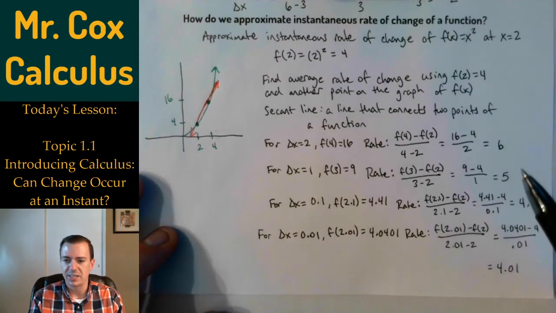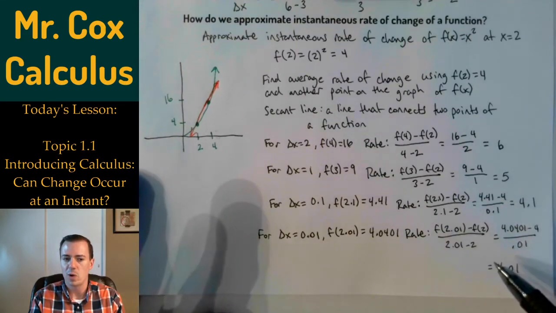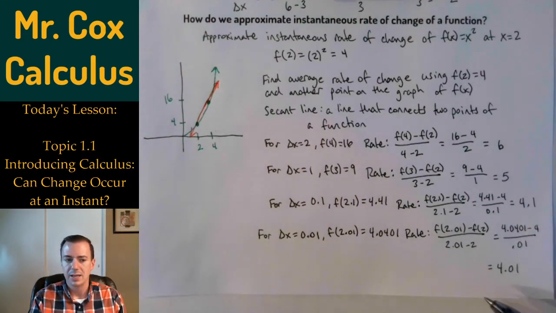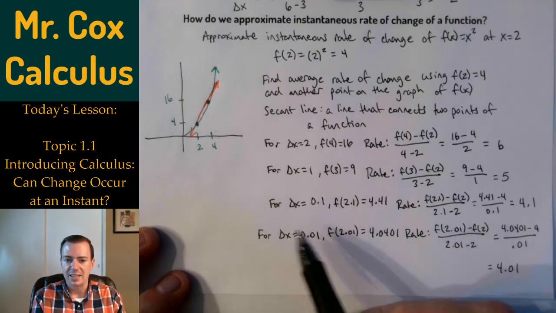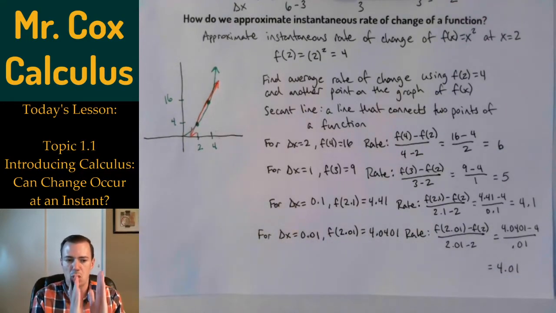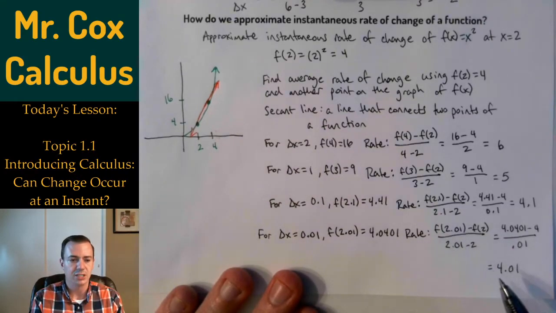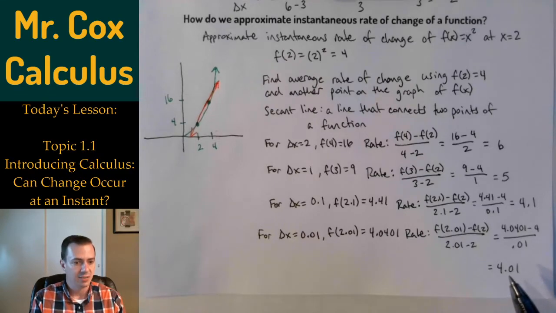I go from 6 to 5 to 4.1 to 4.01. It sure seems like as this change in x is getting smaller and smaller, and as I'm getting closer and closer to 2, my rate of change is getting closer to 4. And in fact, it is.